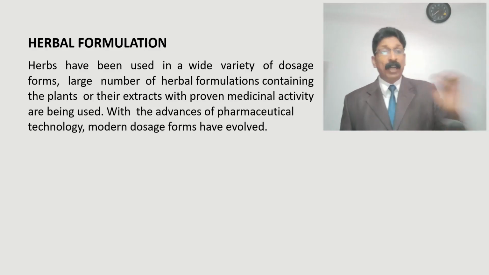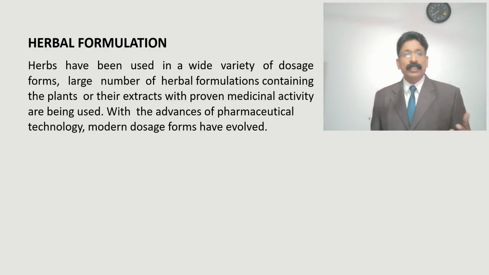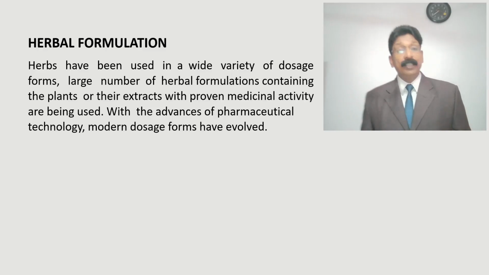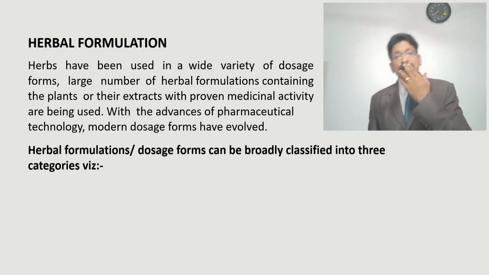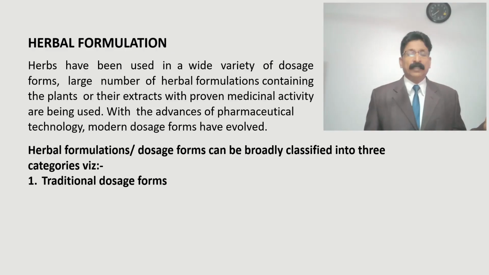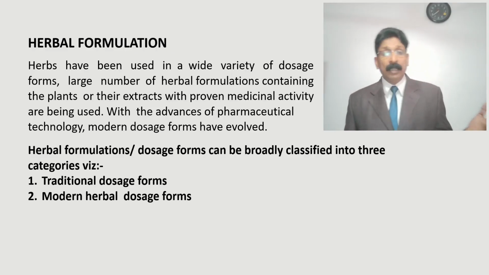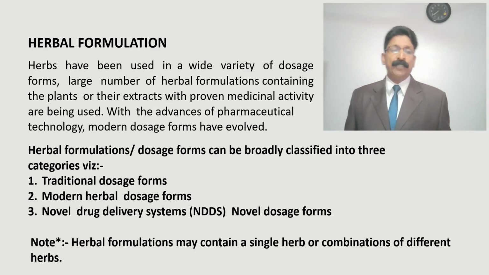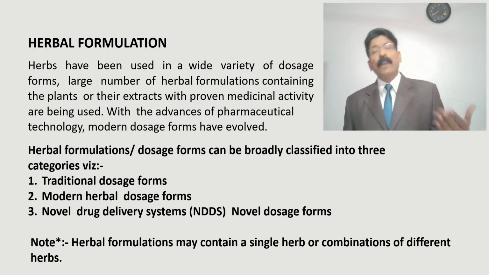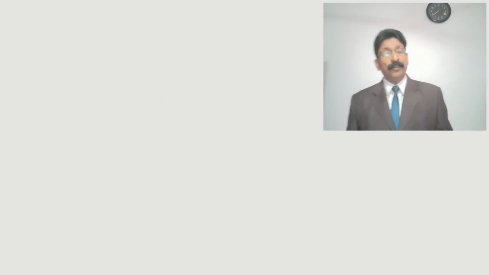With the advantage of pharmaceutical technology, modern dosage forms have evolved. The herbal dosage forms can be broadly classified as traditional dosage forms, modern herbal dosage forms, novel drug delivery systems and novel dosage forms. A herbal formulation may contain a single herb or a combination of different herbs.